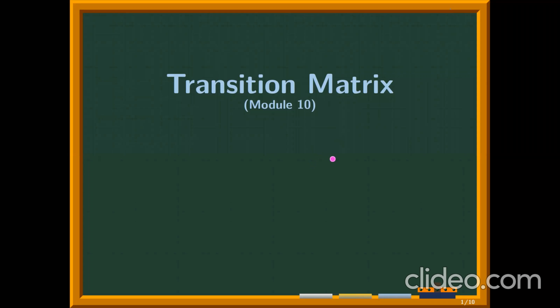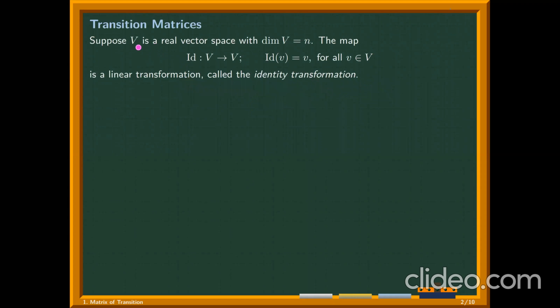Here we specialize our discussion into the case where the domain and the codomain of a linear transformation are equal. Now suppose V is a vector space of finite dimension, then the function that sends a vector in the domain into itself is a linear transformation denoted by ID.